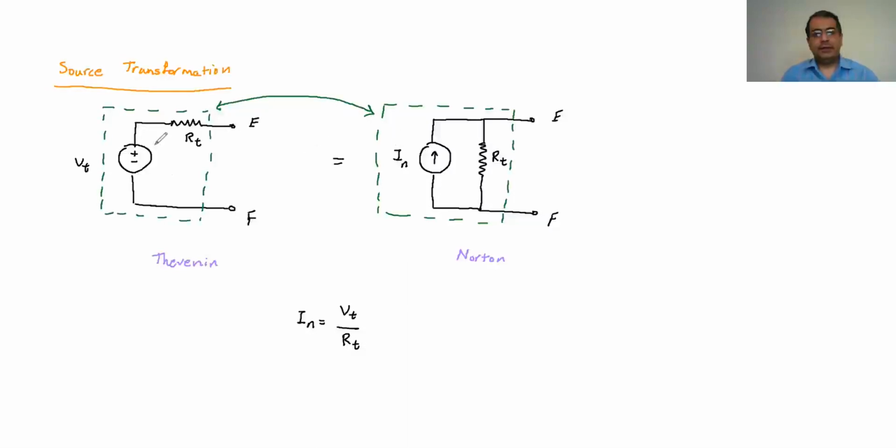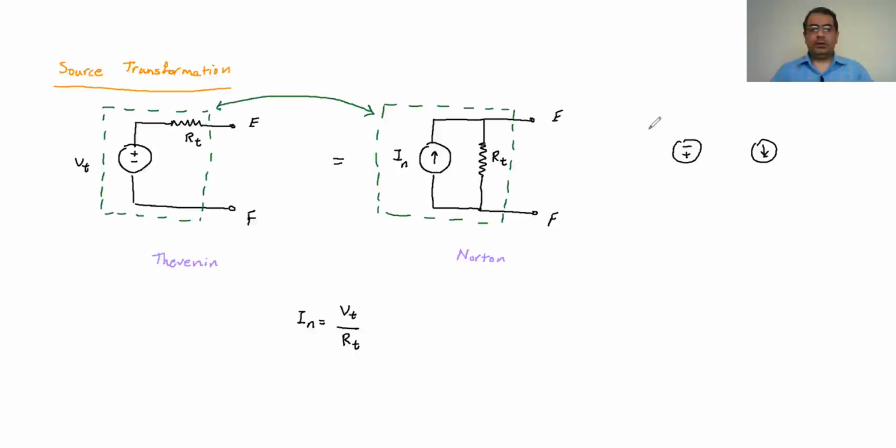So remember that if this is the positive negative, the arrow should always follow that, or the other way around. If the arrow goes up, then the positive is up. If the positive is up, the arrow goes up. So the arrow and the positive sign always should be at the same side. Remember that. So for example, if the battery was like this, then the arrow should be like this.